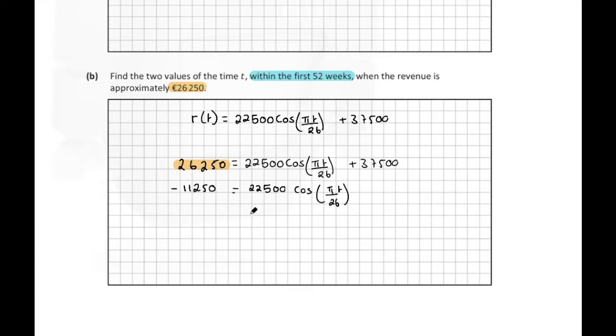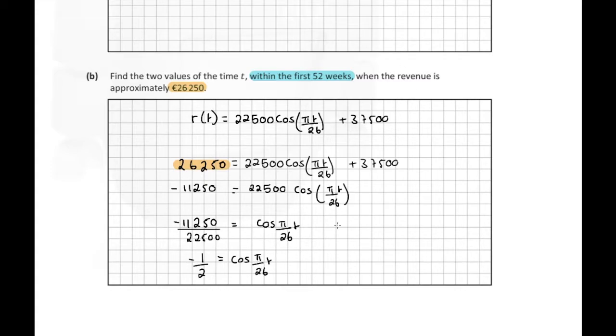Divide both sides by 22,500. This is just algebra skills. If you're not sure what I'm doing, you need to review your algebra skills. So I'm dividing both sides by that to be left with cos(πt/26). That works out to be a nice enough number. It's minus a half.